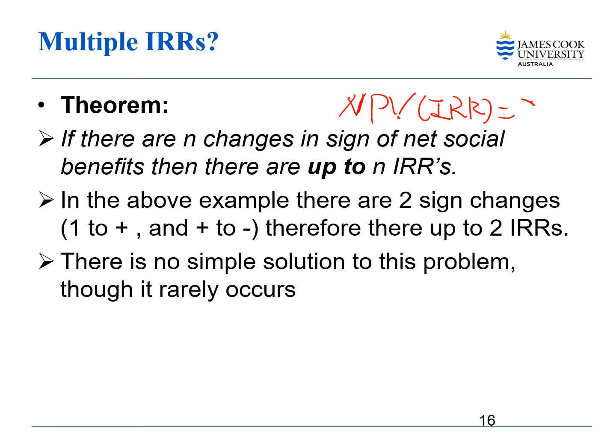When we have these situations, there's no simple solution to these problems. We don't know which level of IRR we should use. Despite that, in practice, it might rarely occur.